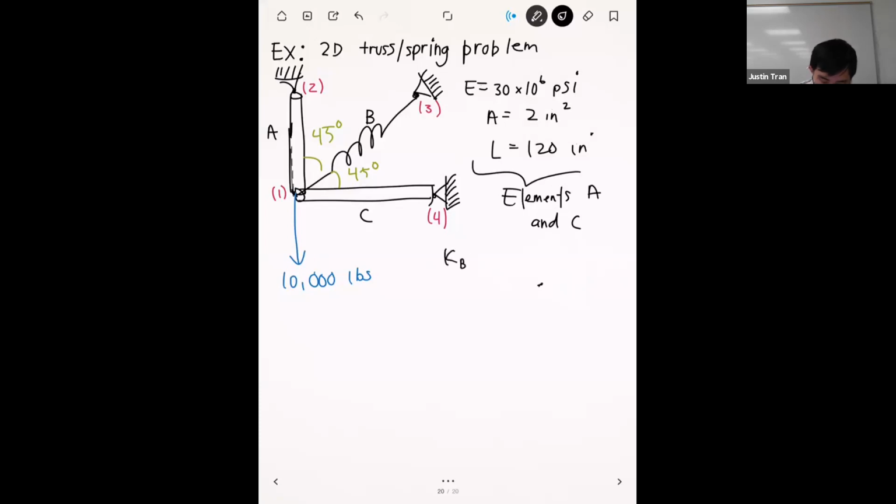So we'll call this KB. And so we'll say that KB is equal to 250,000 pounds per inch. And of course, nodes 2, 3, and 4 in this configuration are fixed to the wall, and so they're not going to move. And so in this problem, what we're interested in is the deformation of node 1.